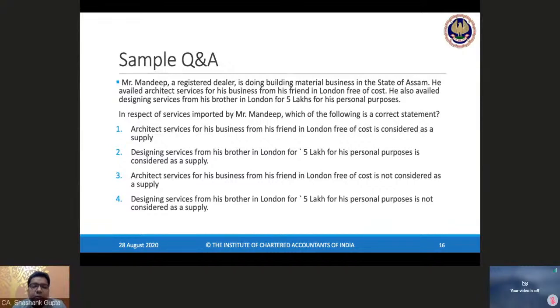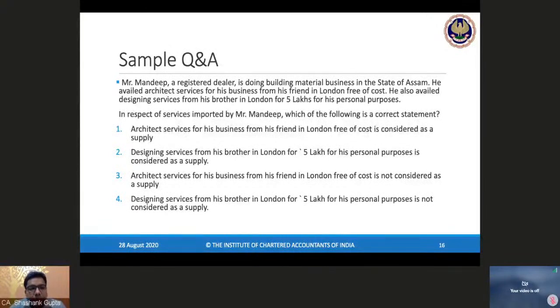Import of service in the course or furtherance of business from a related person, even if without consideration, will be treated as supply. Is a friend considered a related person? No, and hence the first statement is incorrect.